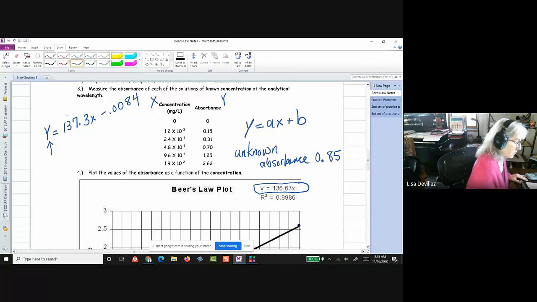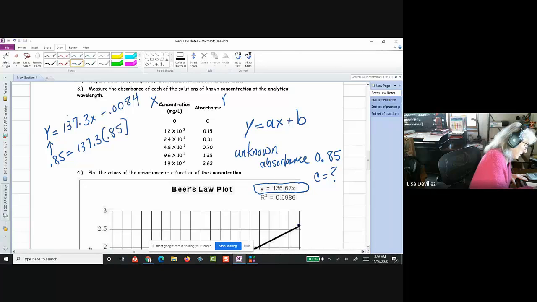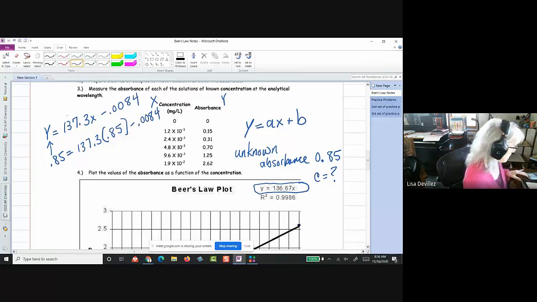Okay, so what we want to do is find out, what is the concentration of that? So again, we can plug it into our equation: 0.85 equals 137.3 times x. And if you want to be very precise, you can include the y-intercept, but it's probably not going to make much difference at all.